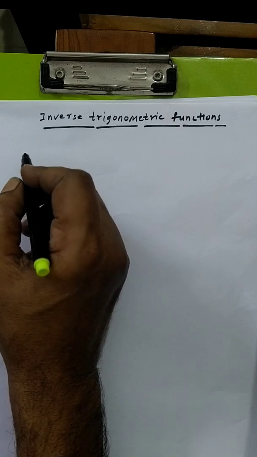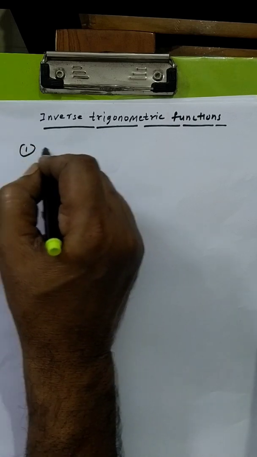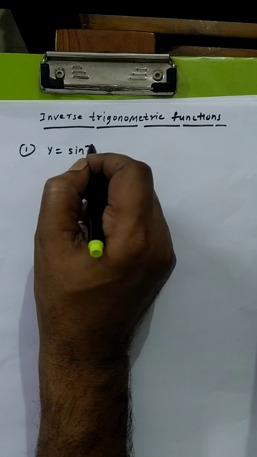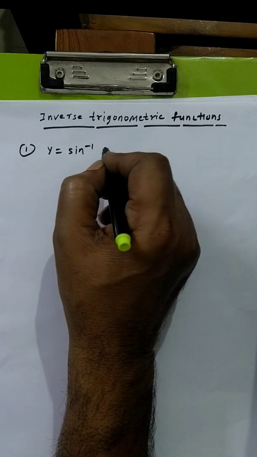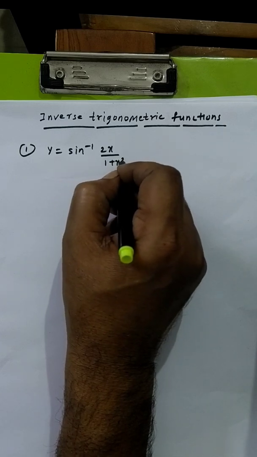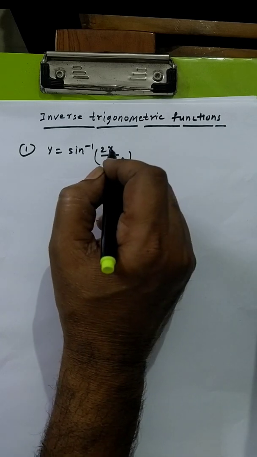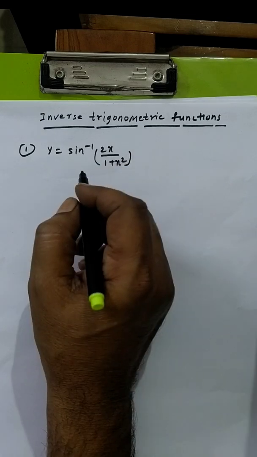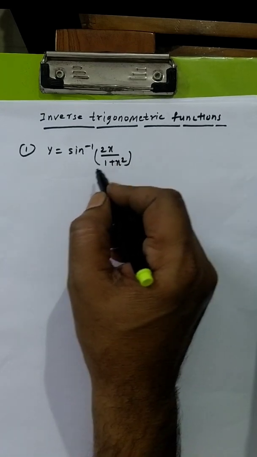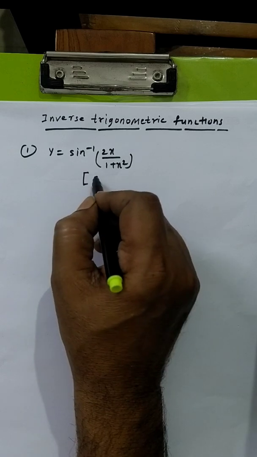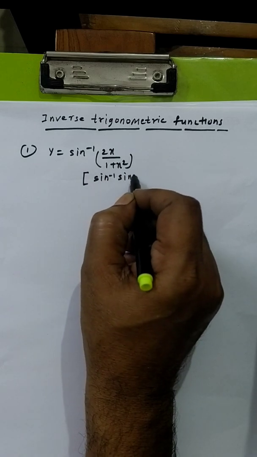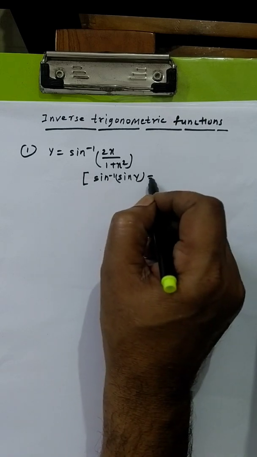First one is y equals sine inverse of 2x upon 1 plus x square. Here we are going to make use of the form sine inverse of sine y, and sine inverse of sine y is y.